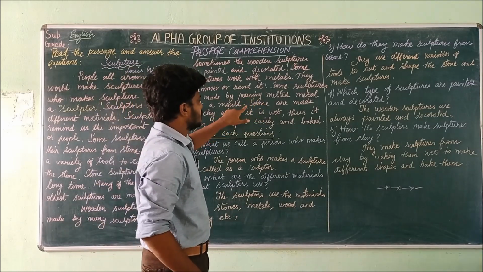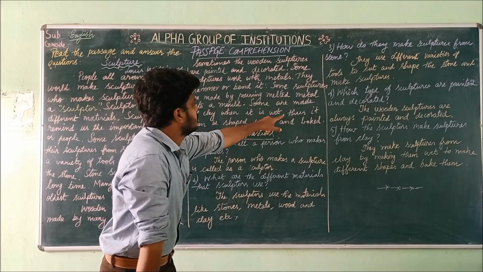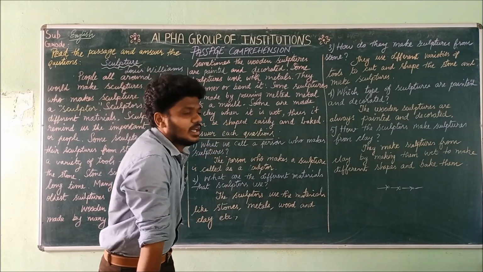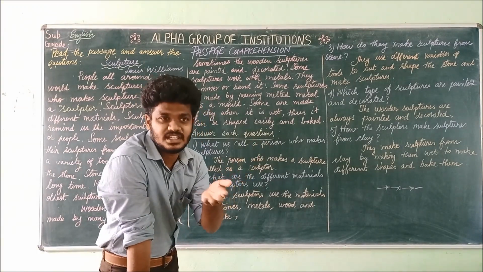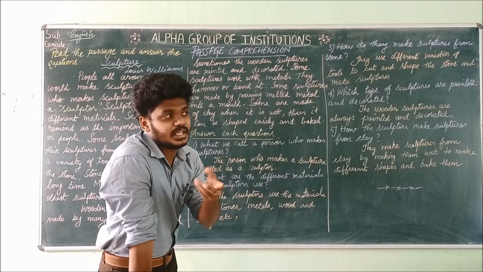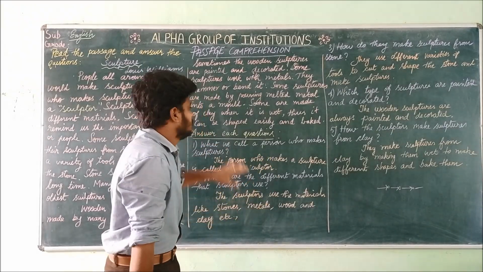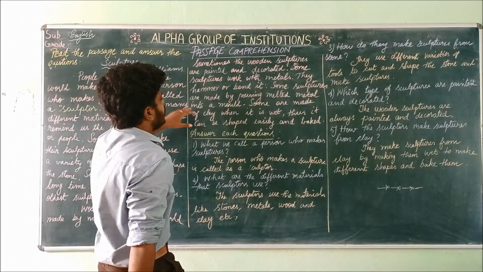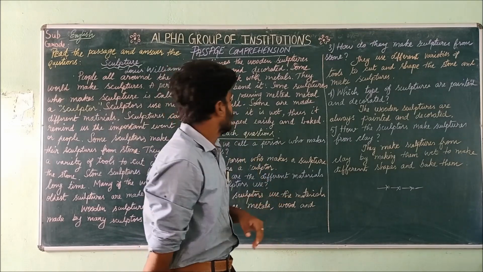Clear? Next, some are made of clay. When it is wet, it can be shaped easily and then baked. Have you ever heard of the material clay? Not the clay you play with. This is the real clay, that is mud. People used clay to make sculptures in the olden days.